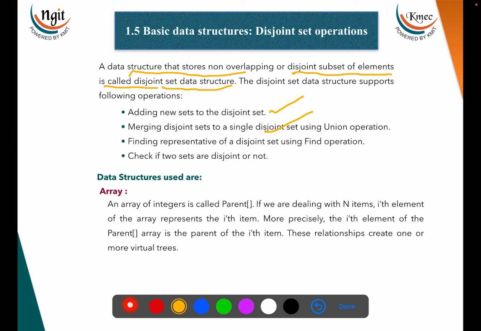We can also find the representative of a disjoint set using the find operation, and we also check whether the sets are disjoint or not. Keep this in mind. These four are the basic operations we can perform on a disjoint set: adding new sets, merging disjoint sets, finding, and checking whether they are disjoint or joint.